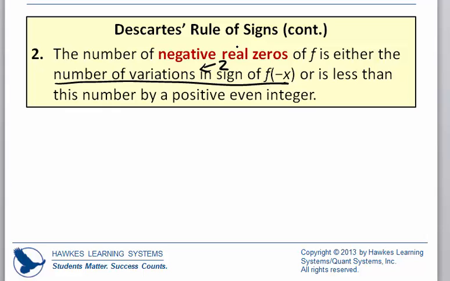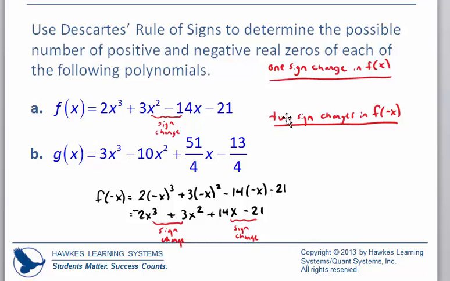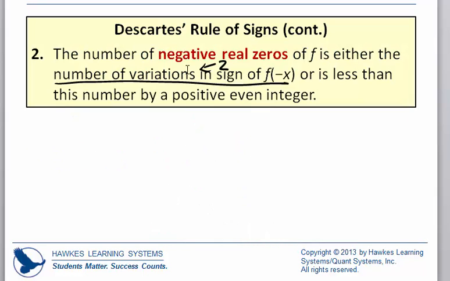I want to be sure that this is clear: we had 2 sign changes in f of negative x. So it's either equal to 2 or it's less than 2 by a positive even integer. This is the smallest positive even integer that we could subtract off. So it's either 2 or it's 0.